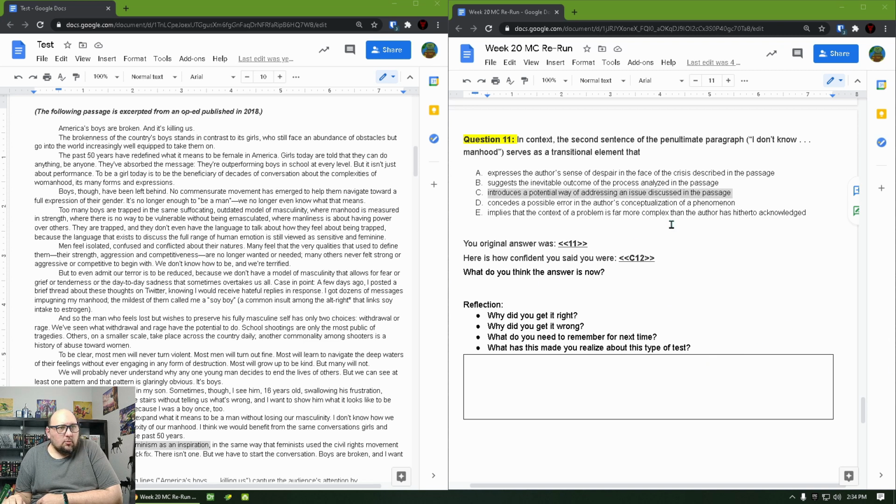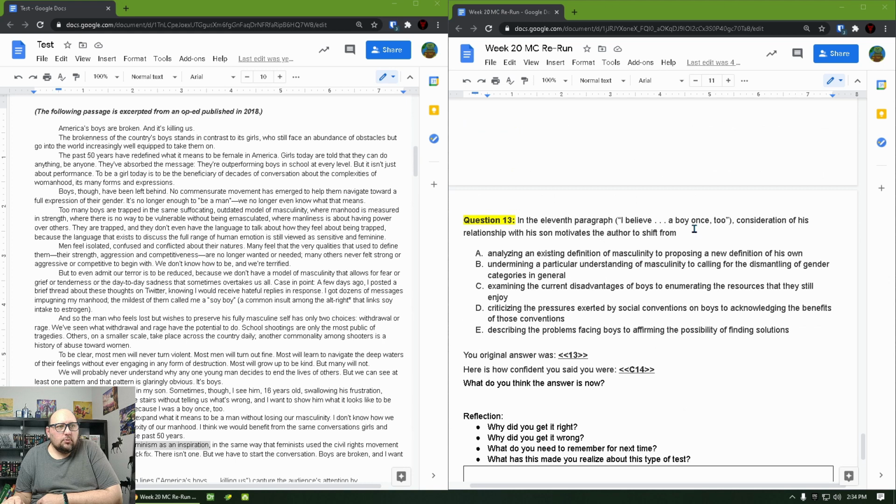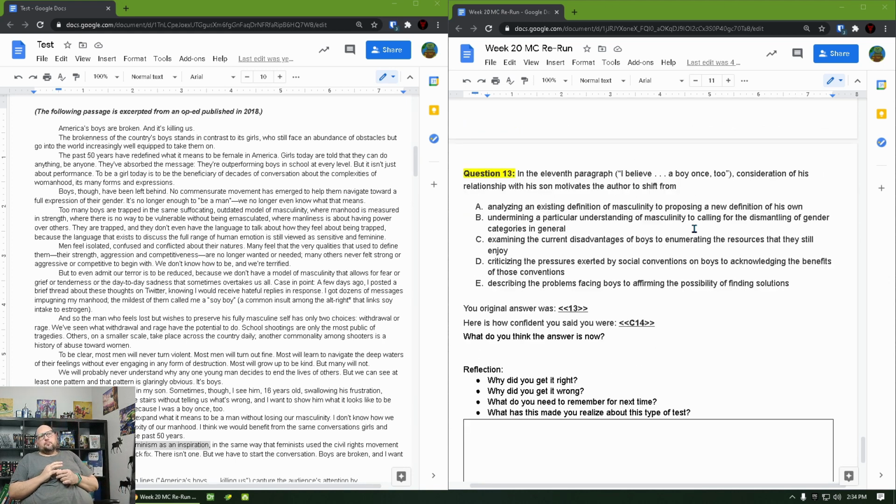All right, let's go ahead and move on to question 13, which is the final question. In the 11th paragraph, consideration of his relationship with his son motivates the author to shift from A, analyzing an existing definition of masculinity to proposing a new definition of his own. B, undermining a particular understanding of masculinity to calling for the dismantling of gender categories in general.